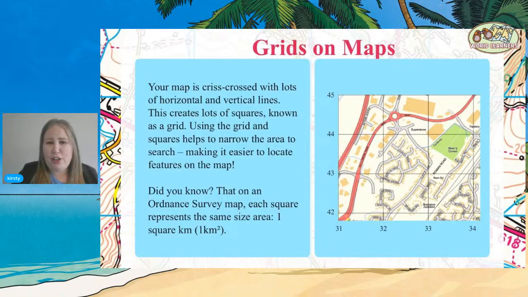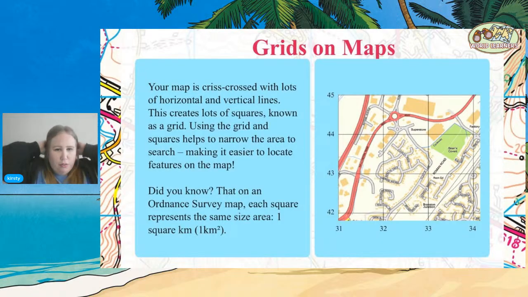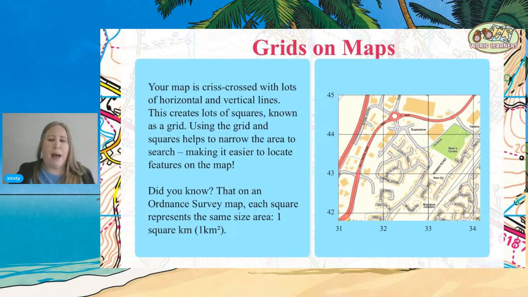Let's have a look next then at grids on maps. If you open a big map and you're looking at it, you'll see that it's divided into lots of small squares. We've got grid lines running down vertically and horizontally across. So our map is crisscrossed with these vertical and horizontal lines, and this creates all these individual squares known as a grid.